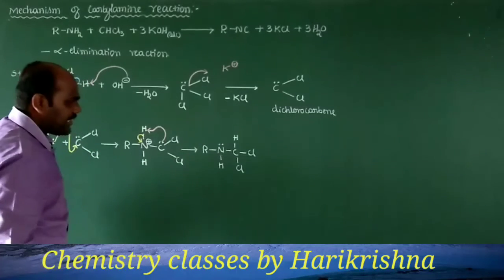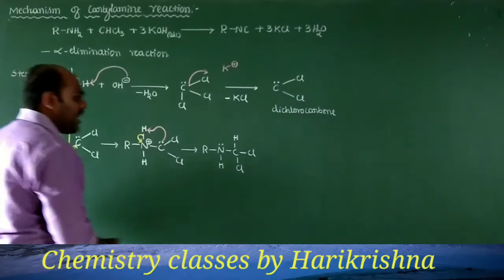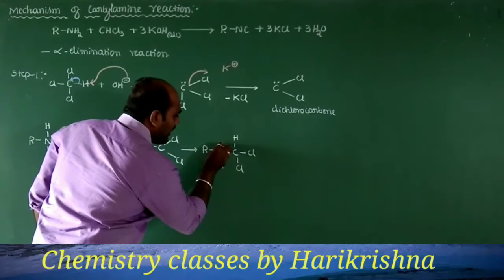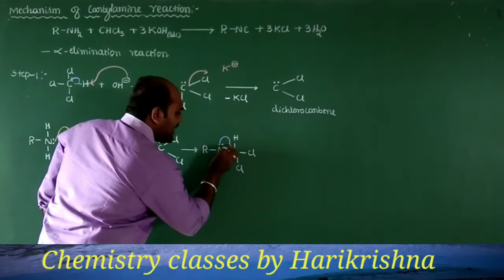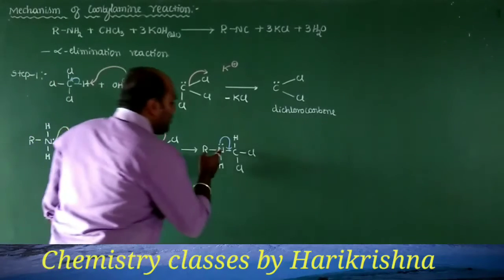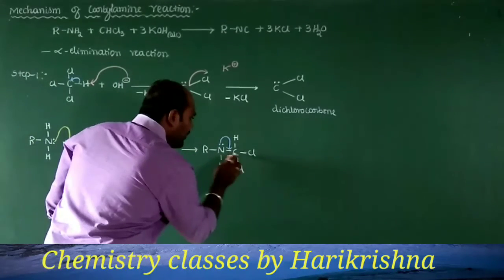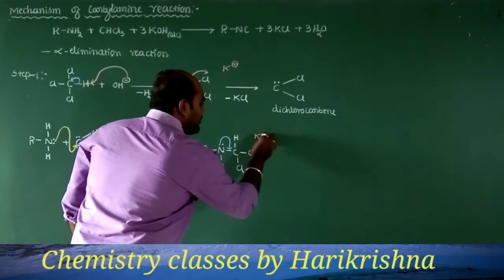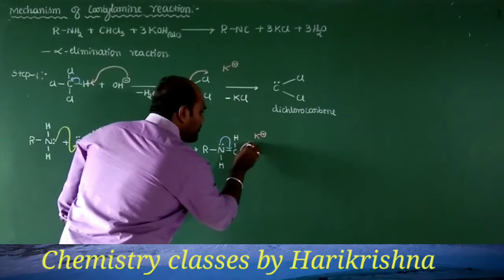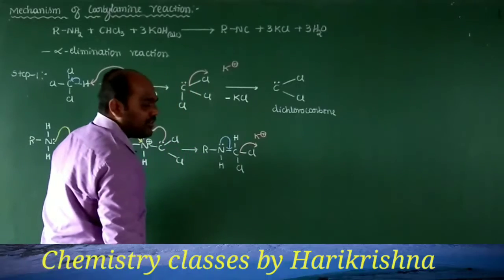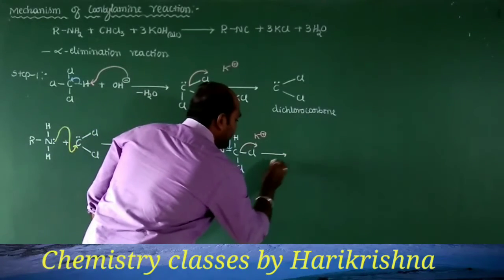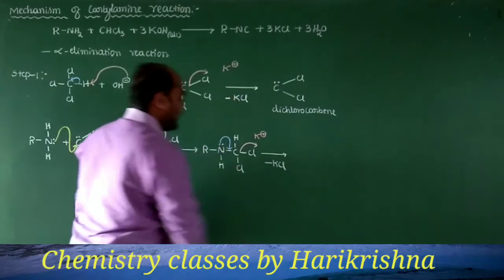So this is the next reactive intermediate, and now this lone pair of electrons which are present over here will shift between nitrogen and carbon atom, and because of this shift the K⁺ ion which is there in the solution will come in contact with Cl. Therefore this Cl will come out in the form of Cl⁻, and that combines with K⁺ and results in the elimination of KCl.